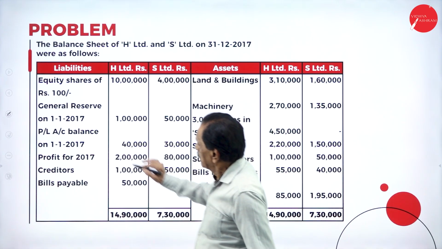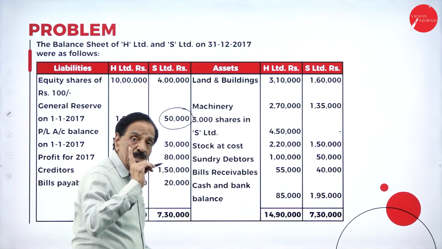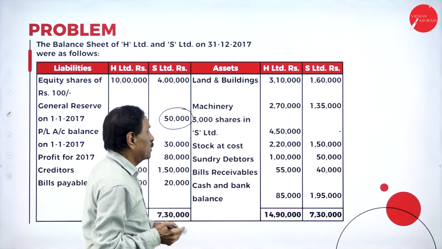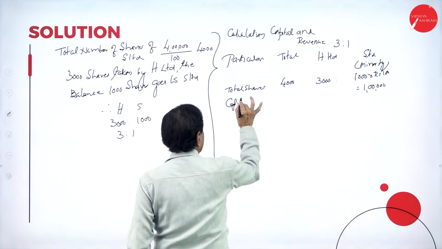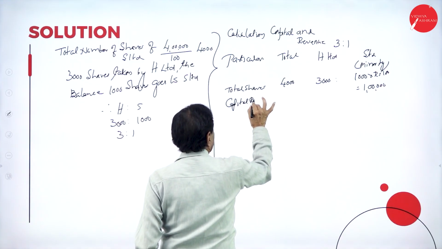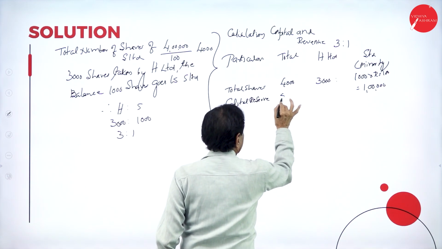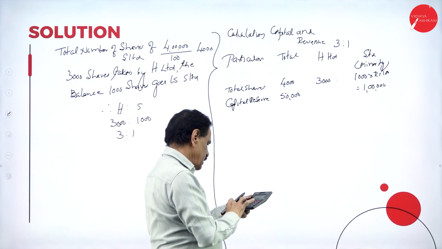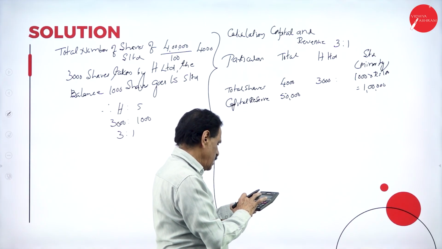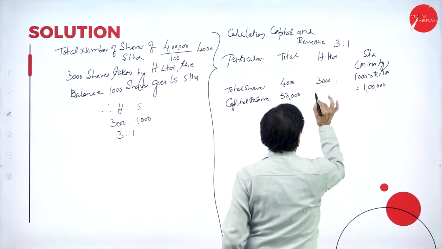See that? General reserve on 1st July is 50,000. Acquisition is on 1/7, which means this is called capital reserve. Capital reserve, 50,000. 50,000 into 3 divided by 4, 37,500.